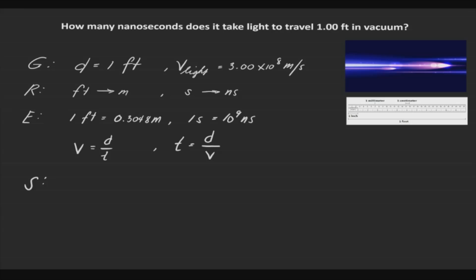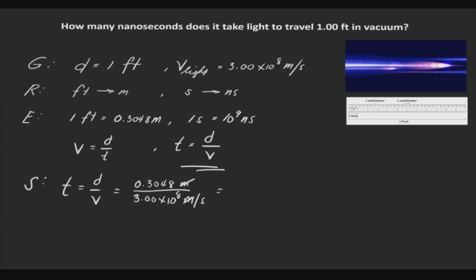So for our solution, we're going to use the equation for time. Time is equal to displacement divided by velocity. So displacement of 1 foot, we have 0.3048 meters divided by the velocity of light, which is equal to 3.00 times 10 to the power of 8 meters per second.